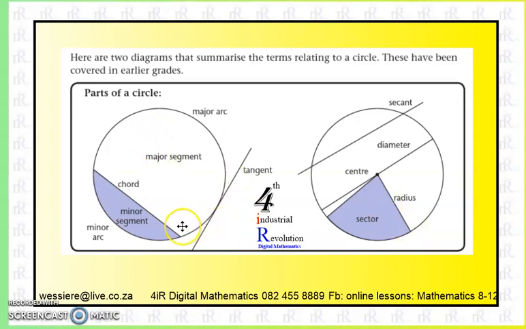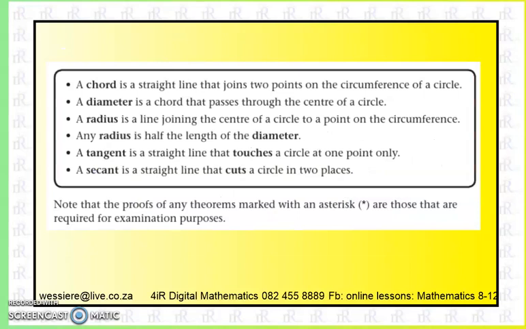When we have our circle, we have a major arc and we have a minor arc. A line that touches the circle at one point is called a tangent. So let's look now at the written text.